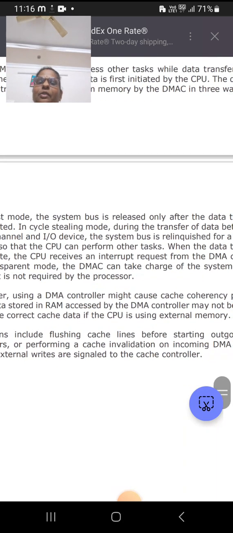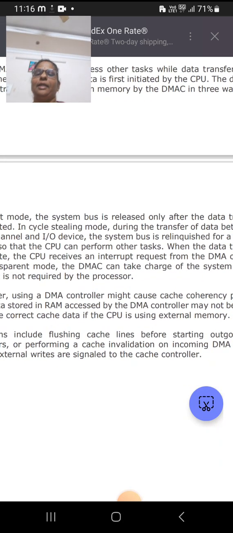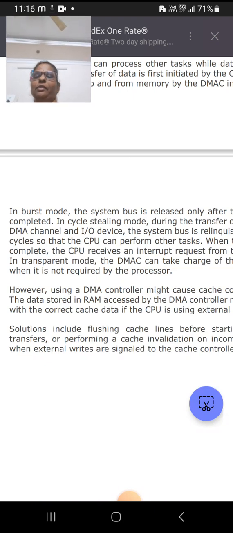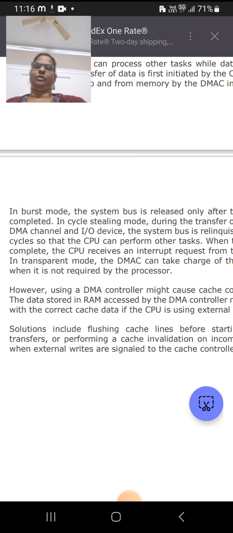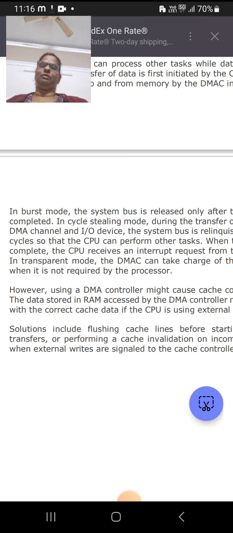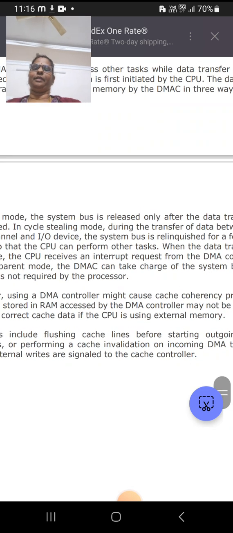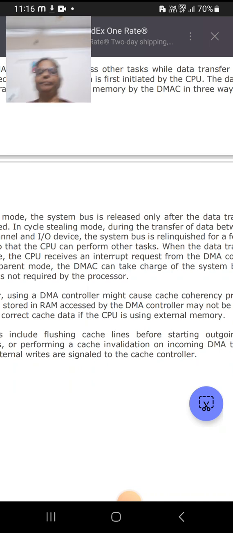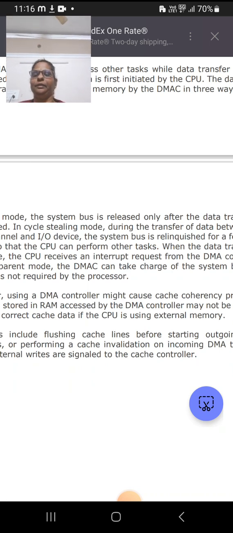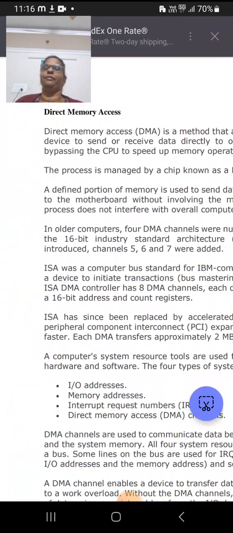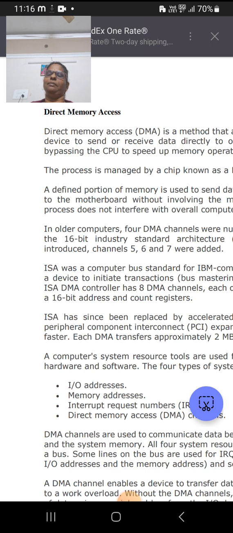However, the DMA controller can cause problems with the cache memories and the RAM access of the DMA controller, and can corrupt the cache data if the CPU is used externally. The solutions include flushing the cache lines before starting the transfer, and performing a cache invalidation after the incoming DMA. These are the cache memories, so signals from the direct memory access are sent to the cache memory.